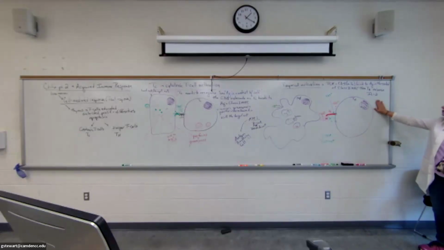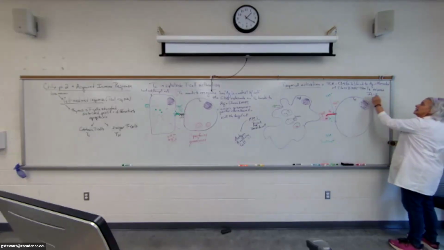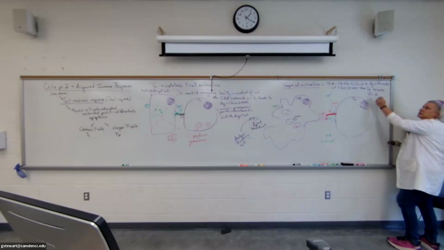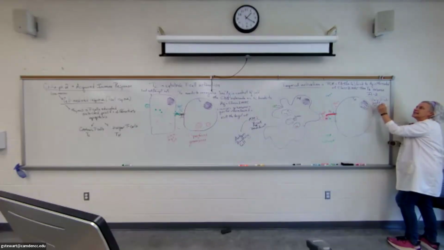So let's just focus on interleukin 2, because this is a really powerful interleukin. The first thing it does, it used to be known by its other name, B cell growth and differentiation factor. So this is going to help B cells proliferate and differentiate.